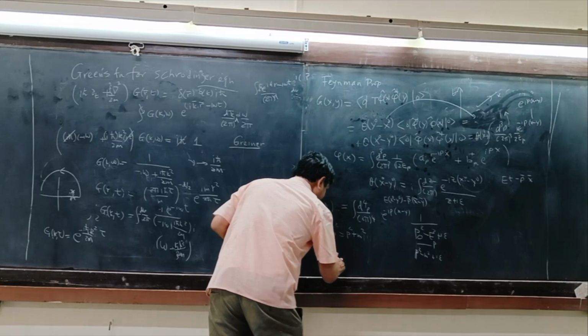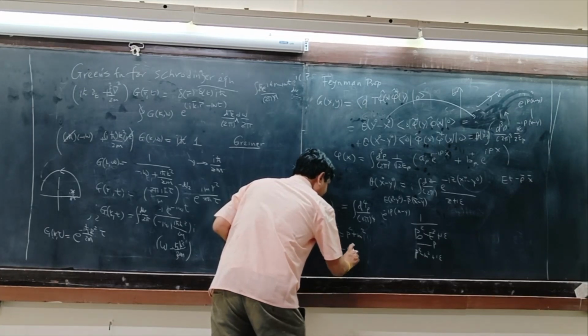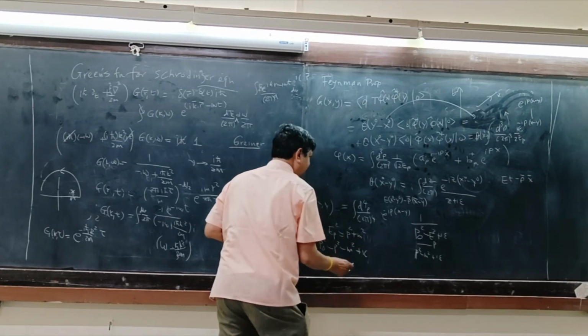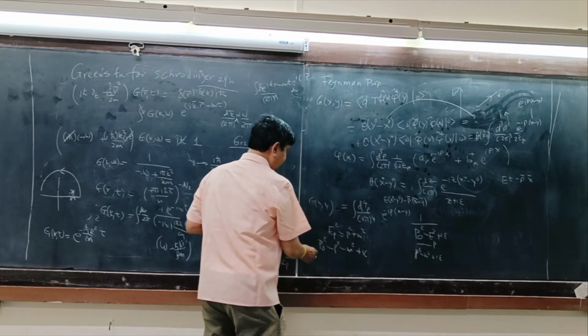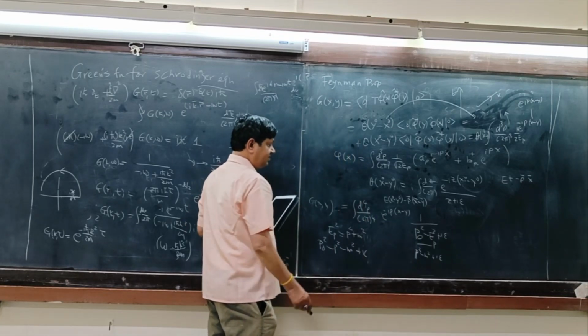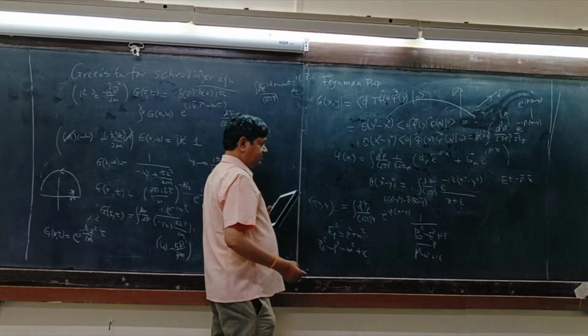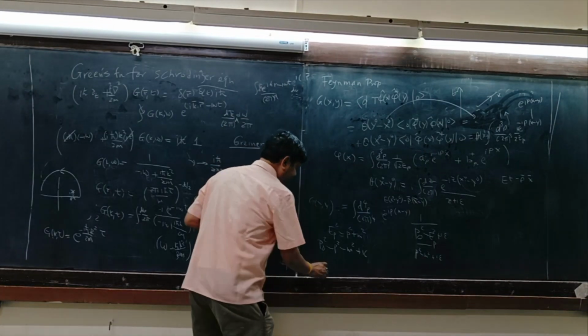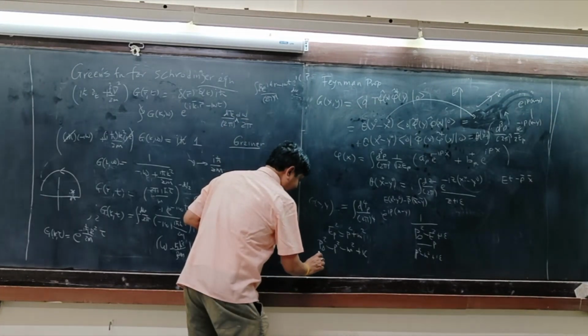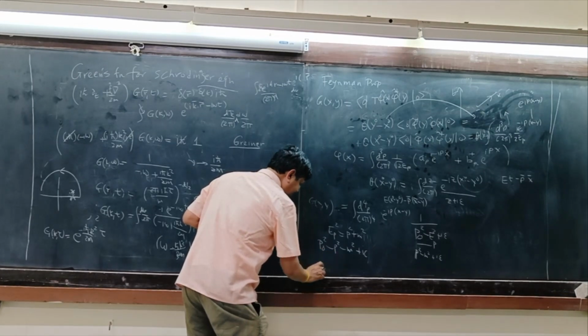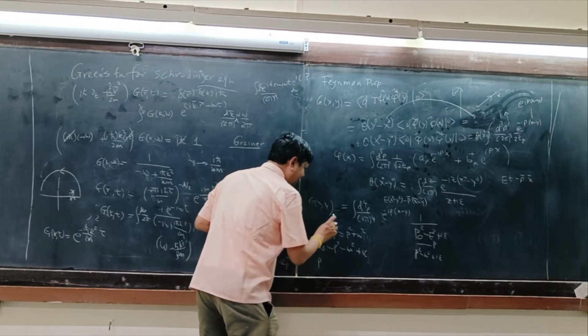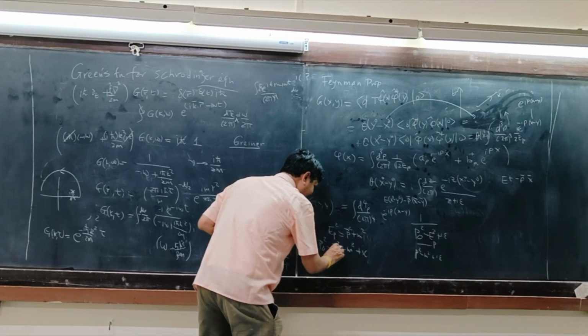So if you substitute it there, I get p0 squared minus p squared minus m squared plus i epsilon. I'm plugging it here. So this is like energy squared minus p squared.